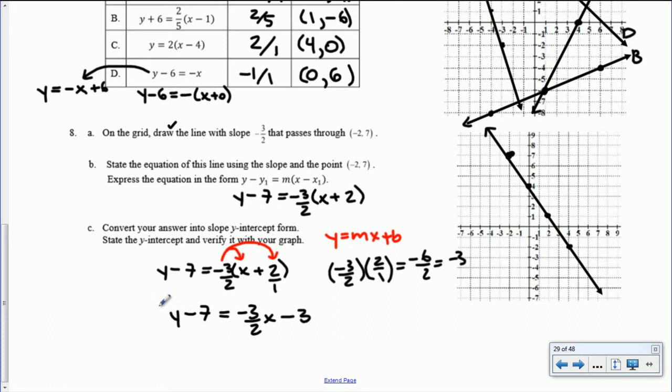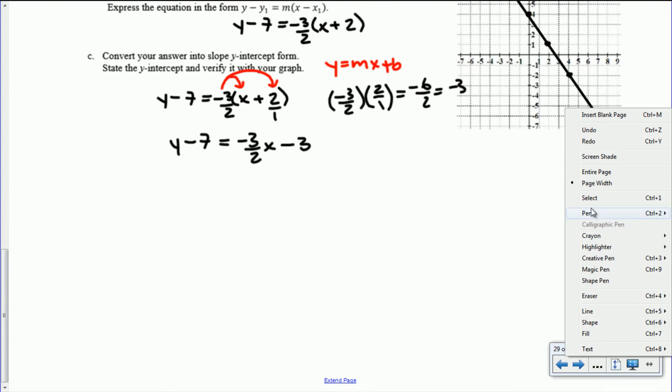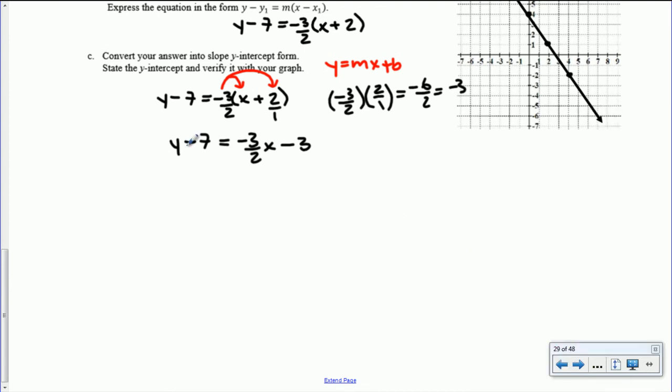Okay, and the last thing we need to do is just get rid of this -7 on the left. So let's do that. The opposite of subtracting 7, add 7. We need to do that to both sides. And that gives us then -3/2 x plus 4.